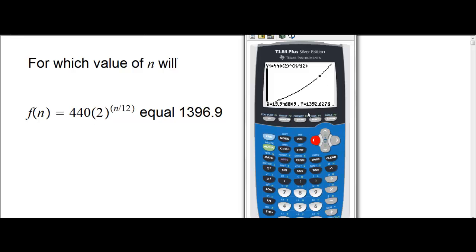This is 1392.6, and when we zoom in, we will further trace. So the value could be around x equals 20. And there were options given, so you could take the option that was closest to n equals 20, or you may do this.